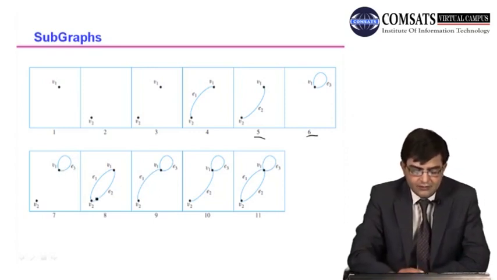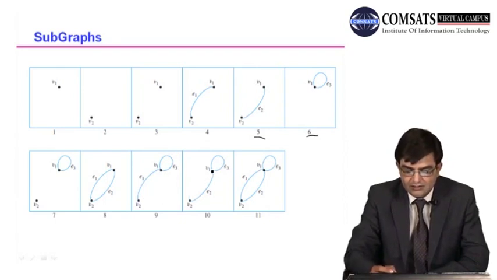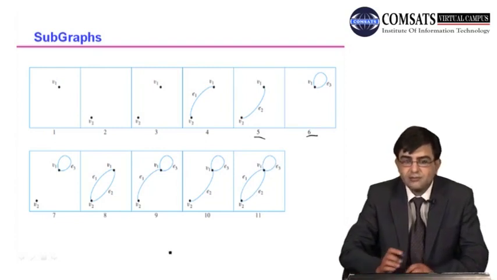The eighth graph is V1, V2 and E1, E2. The ninth graph is V1, V2, E1 and E3. The 10th graph is V1, V2, E2 and E3. And the 11th graph is the whole graph G. It is also a subgraph of G.